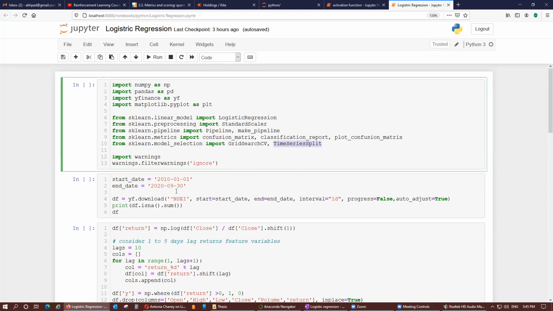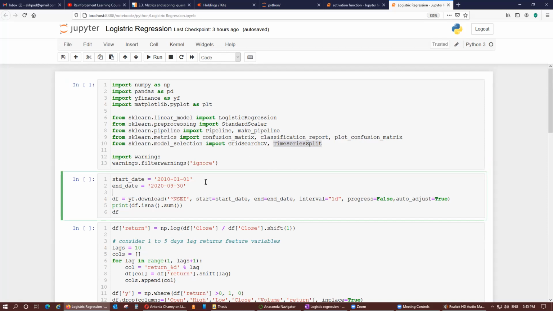Okay, so let's import the data starting from 2010 to 2020 or maybe 2021. And here is the Yahoo Finance module. Just have to use the download function.